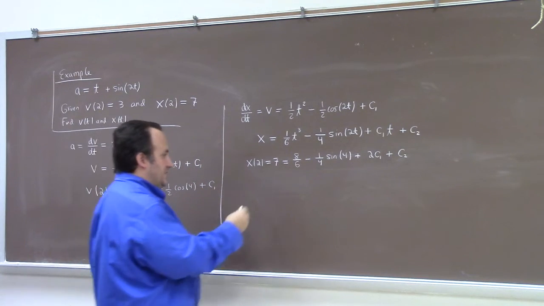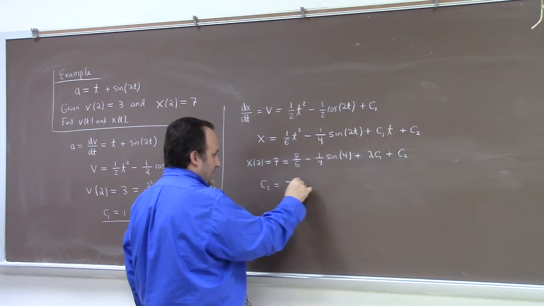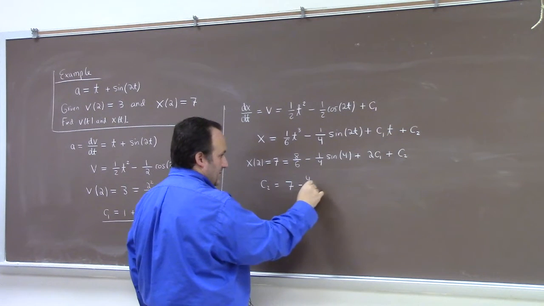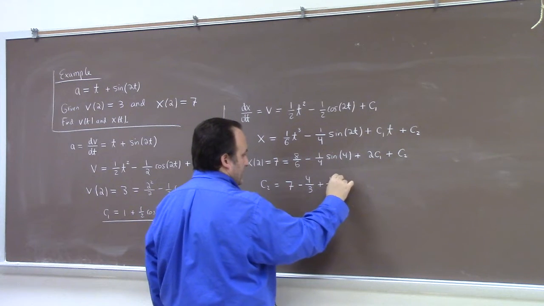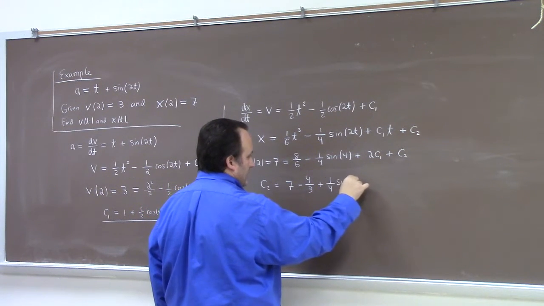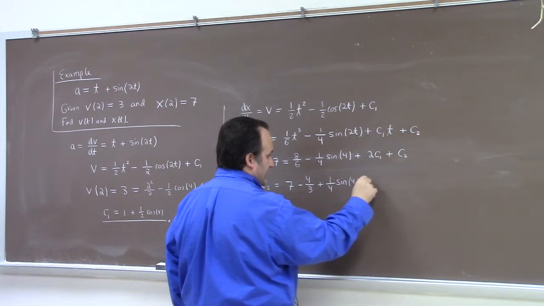So c2 apparently is equal to 7 minus 4/3 plus 1/4 sine of 4 minus 2c1.